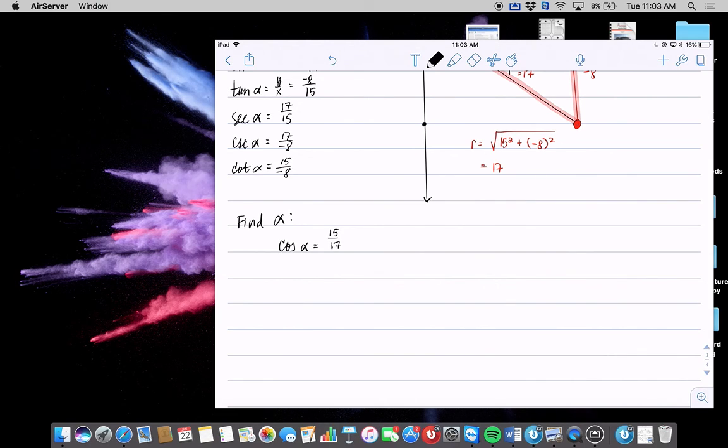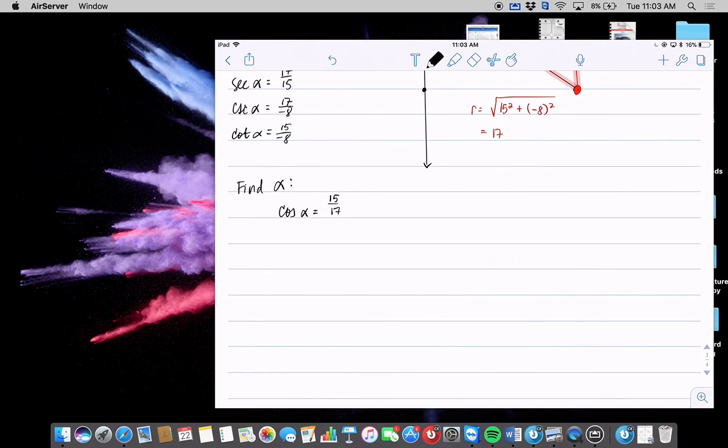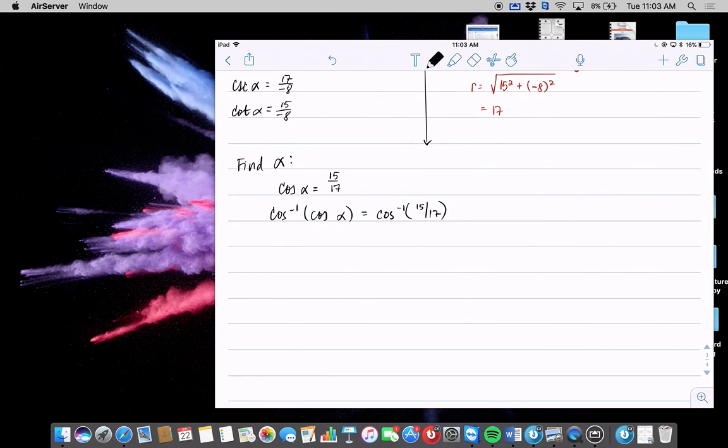Now this is a calculator problem, so we're going to do this on the calculator. In order to find alpha, we need to take the inverse of cosine. So inverse cosine of cosine alpha is equal to inverse cosine of 15 over 17. Remember, what you do to one side, you do to both. So these cancel out, and we end up with alpha equal to a value we can find on the calculator.